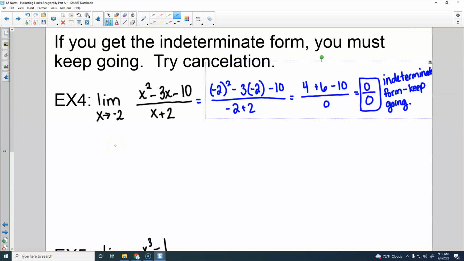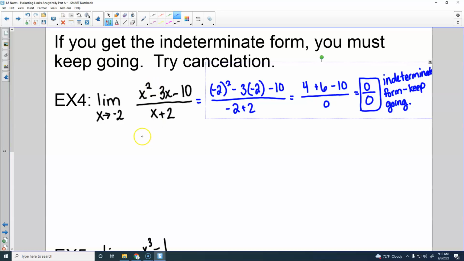Now, an important thing about notation here, because this will matter, and on free response questions, it could cause you to lose points. Right here, I did not write the limit notation because I was plugging in that number. But until you plug in the number, -2, you have to keep limit notation.